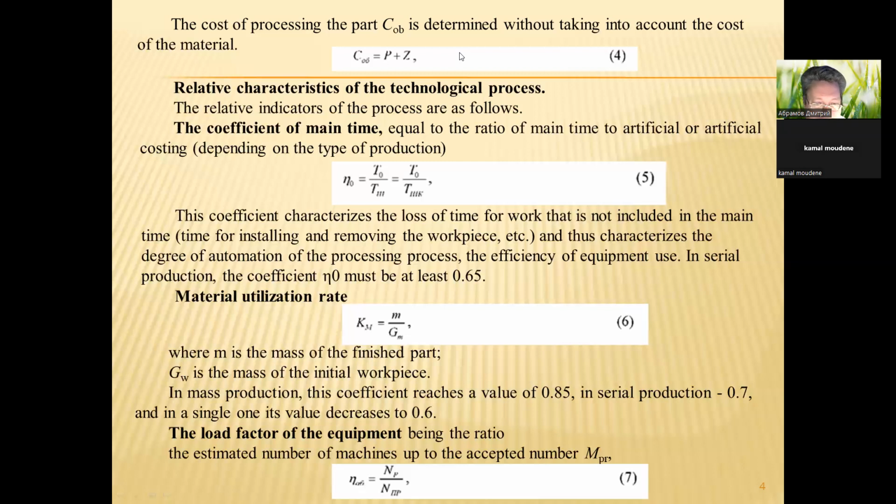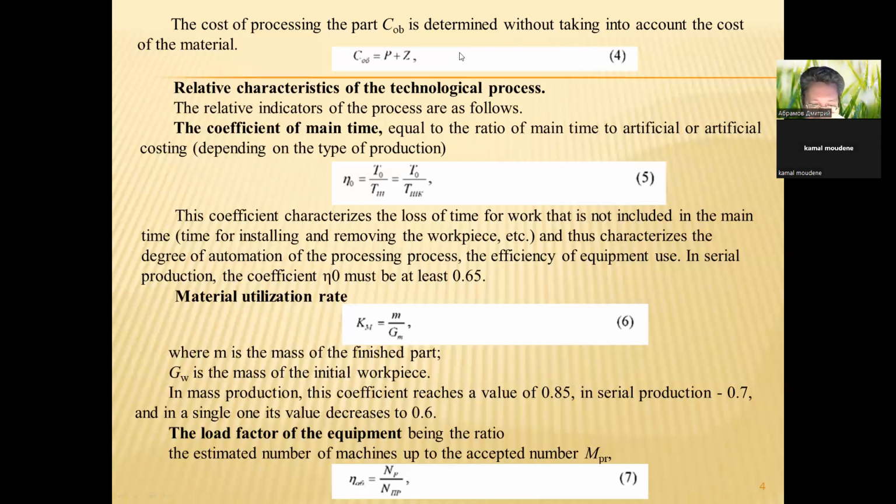G is the mass of the initial workpiece. In mass production, this coefficient reaches a value of 0.85, in serial production 0.7, and in single production its value decreases to 0.6.